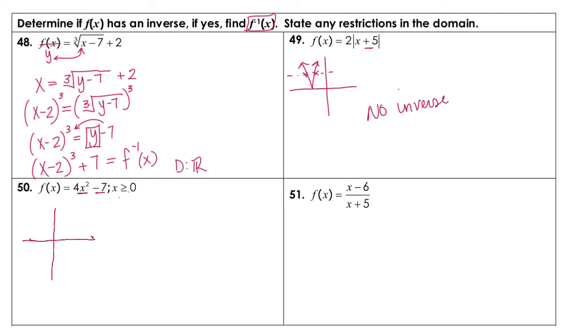So whenever we're looking at this, we only have this side of our parabola. So then that would pass the horizontal line test, and we do have an inverse here.